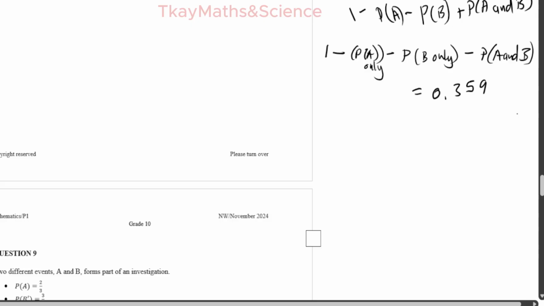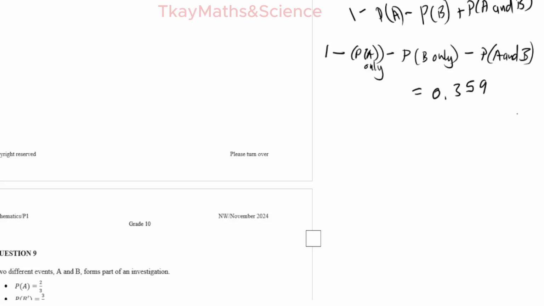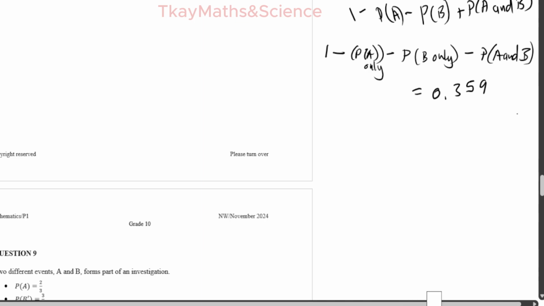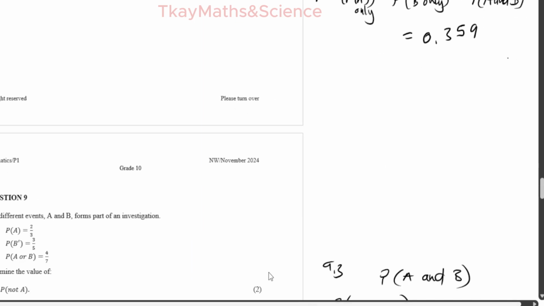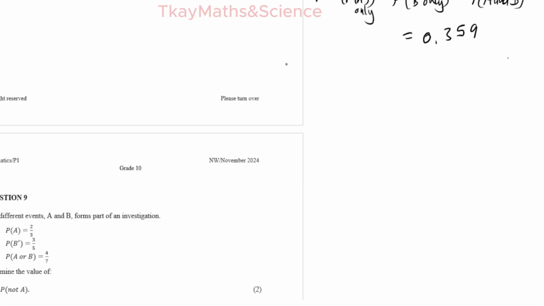All right, so now we get what? Now we're going to place all these things in a Venn diagram. Let's just try to draw the Venn diagram here. Okay. So now this is the whole sample space.